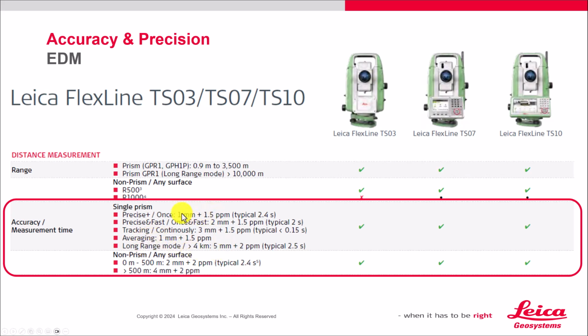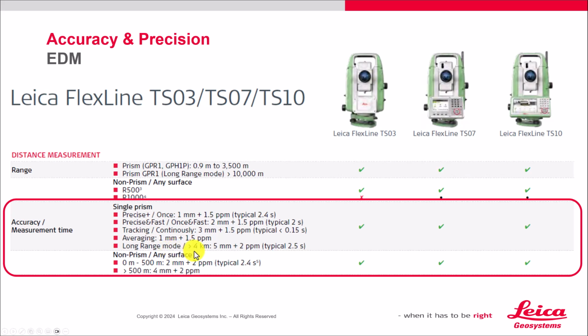They all have different accuracies, all the way from 1 millimeter up to 3 millimeters, and the parts per million, 1.5, looks like the highest one is still up. Nope, there we go. Long range is 5 millimeters, which is the highest constant error, and 2 parts per million.